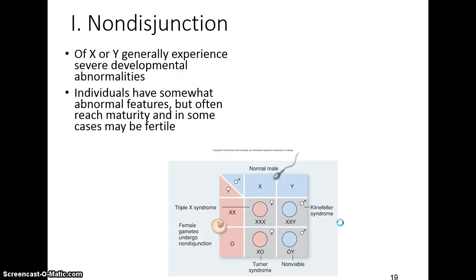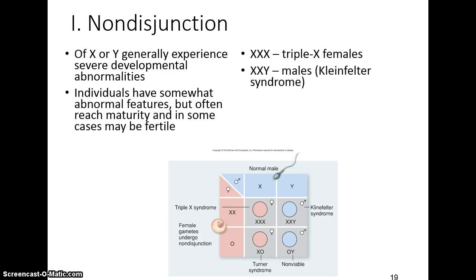Nondisjunction of sex chromosomes is another example where many of the trisomy individuals are able to survive, and some of them are even able to reproduce. If you have three X chromosomes, XXX, it's called triple X females.